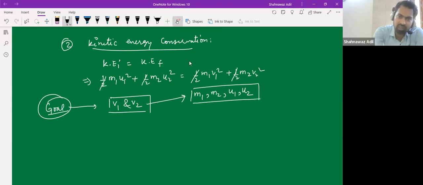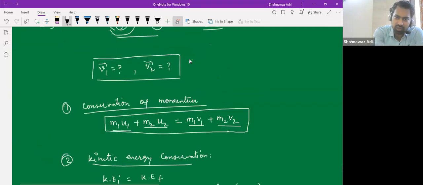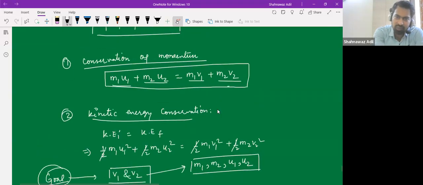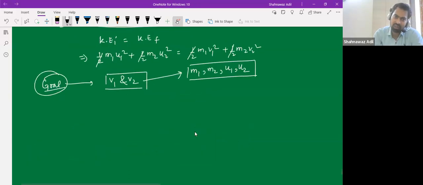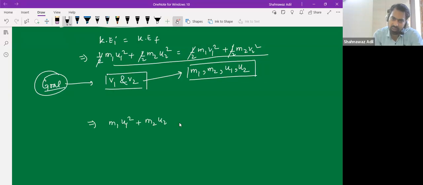So we have to solve these two equations. Let us solve these two. So from here, m1 u1 square plus m2 u2 square would be m1 v1 square plus m2 v2 square.